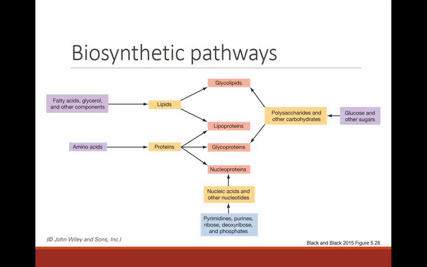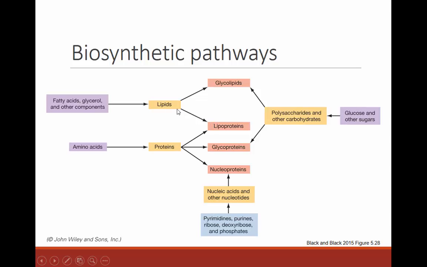So if we look at the biosynthetic pathways, which is what you need to have a handle on, you've got fatty acids, glycerol and other components, obviously going to form lipids. And those lipids can be joined with other glucose-like or sugar moieties to form glycolipids.